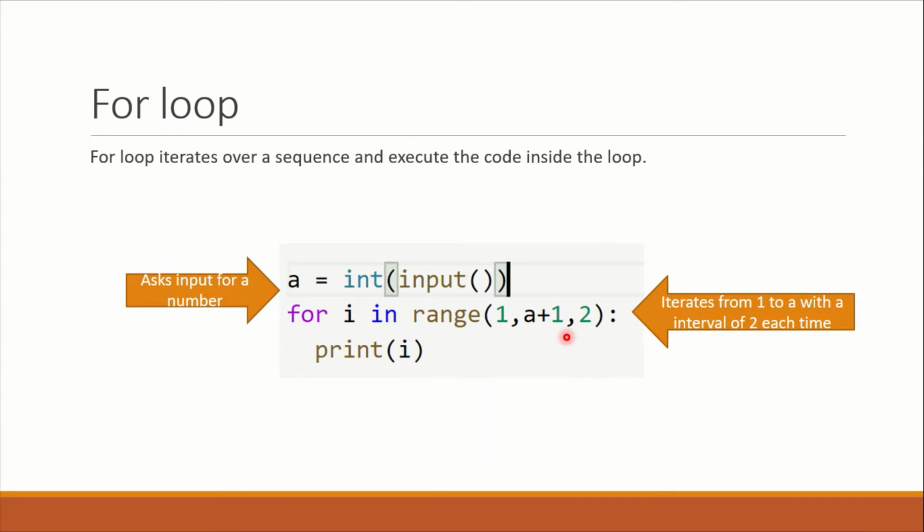And then it has an interval of 2 each time. So you can guess these are odd numbers. It prints all the odd numbers in between the user inputs.